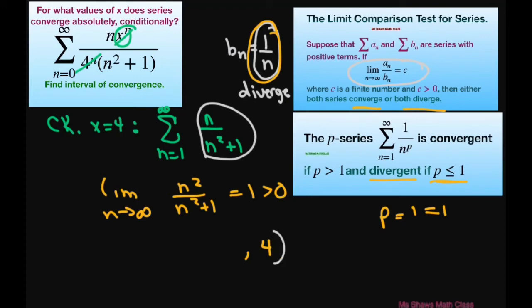So now let's try the negative 4 that we have. So let's check x equals negative 4. So that's going to be the sum. In this case, you're going to get negative, but the 4s will still cancel.